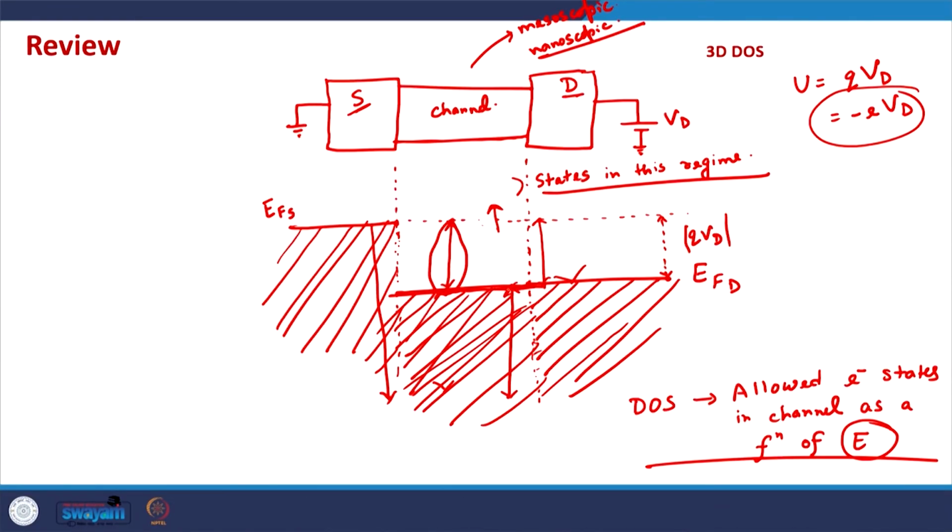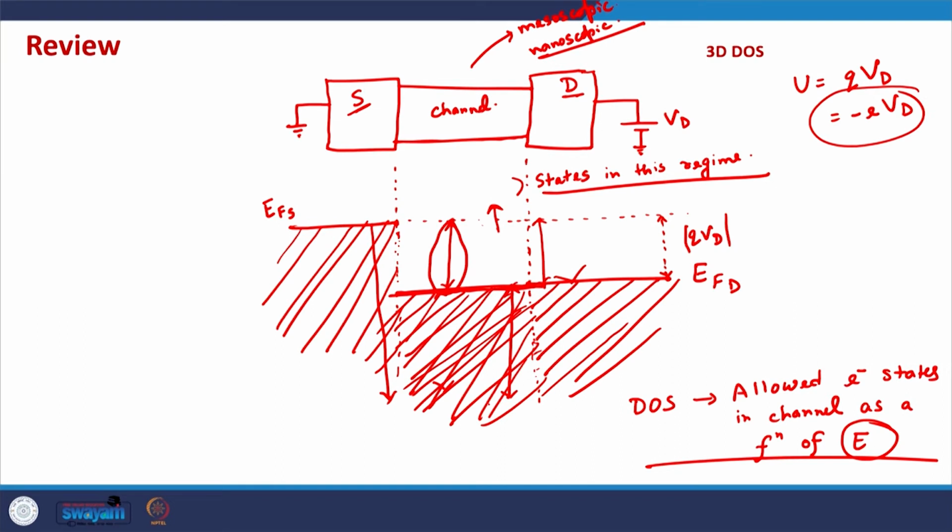So, we will be able to know how many electronic states exist as a function of energy in the channel. Apart from conduction, in order to see how many electrons are there in the channel or what is the steady state number of electrons in the channel, we also need to know how many states are there even in this regime.